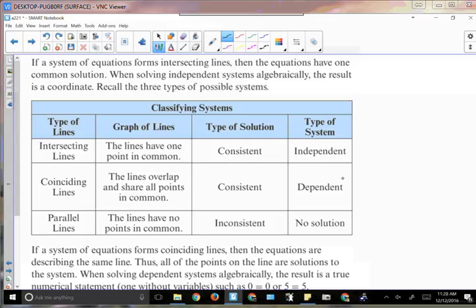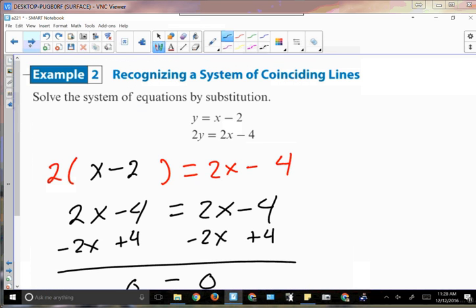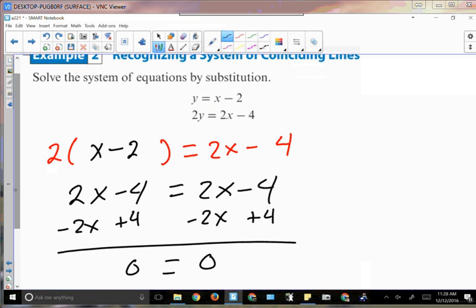Okay? So these are coinciding lines. And how I know that they are going to be coinciding lines is when I did the algebra, I end up with something like this. Now, there was something else I had talked about earlier. Are they multiples of each other? Is there a value that I can multiply the top equation by to get to the bottom equation?